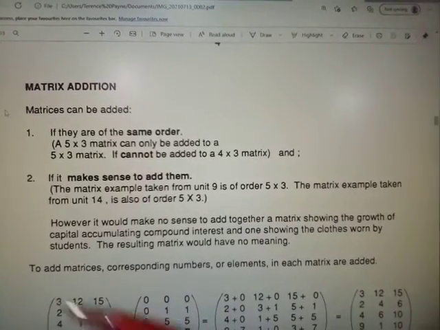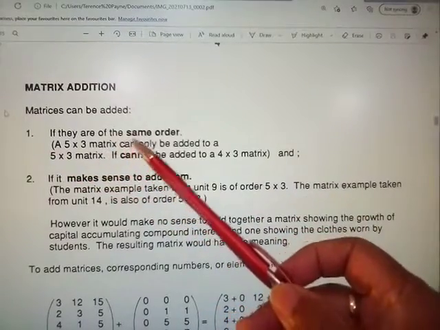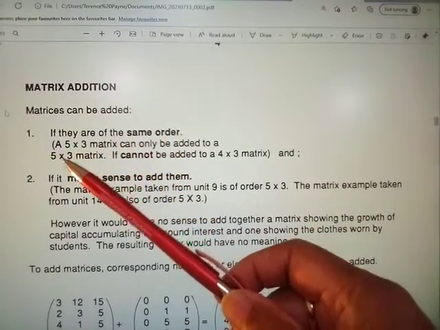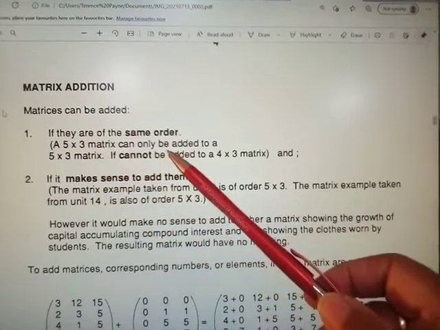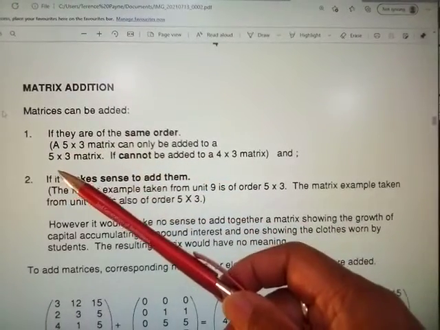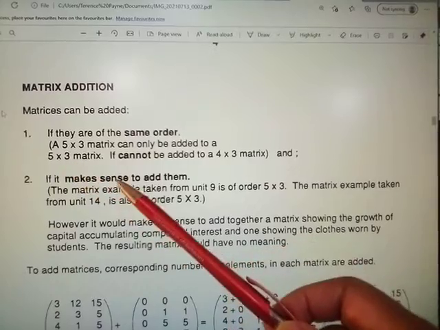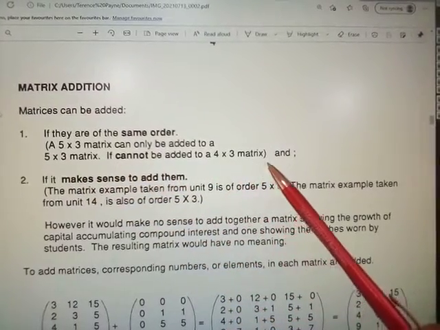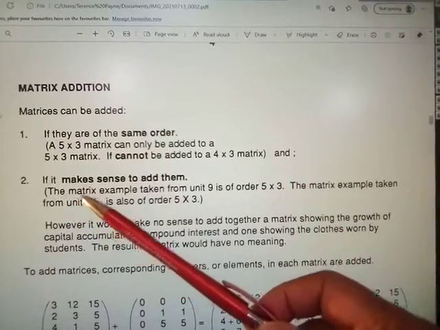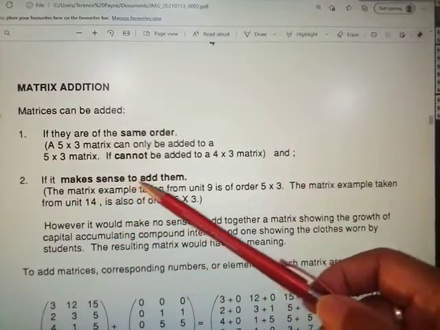Matrices can be added if they are of the same order. A 5 by 3 matrix can only be added to a 5 by 3 matrix. It cannot be added to a 4 by 3 matrix, and it must make sense to add them.